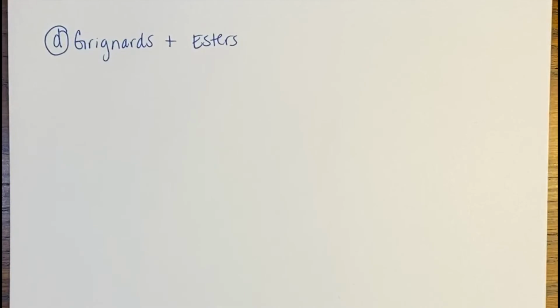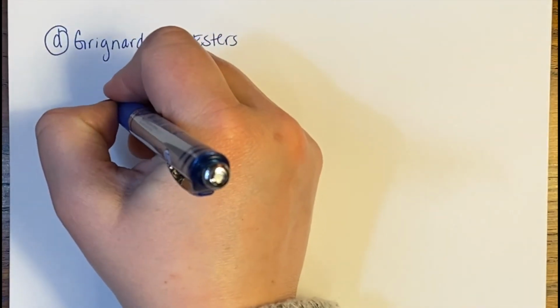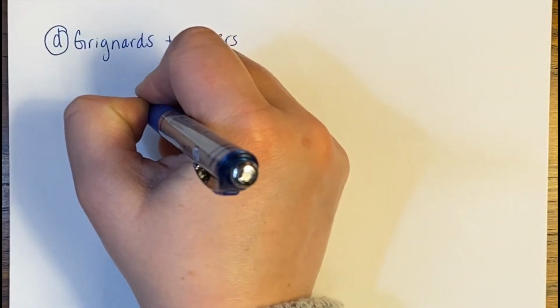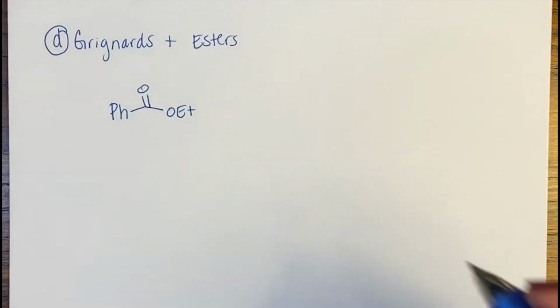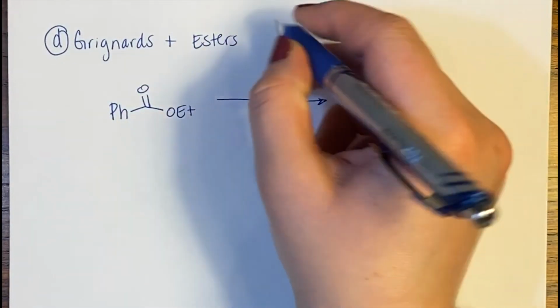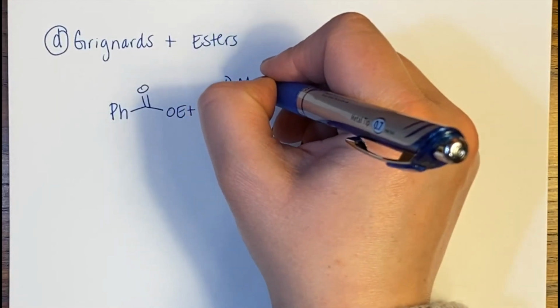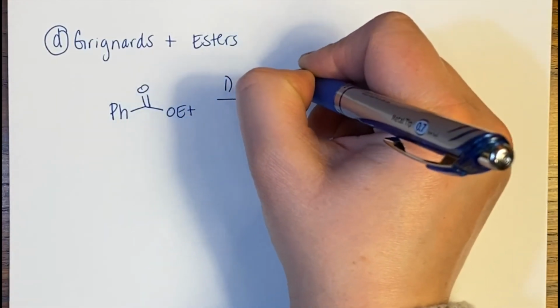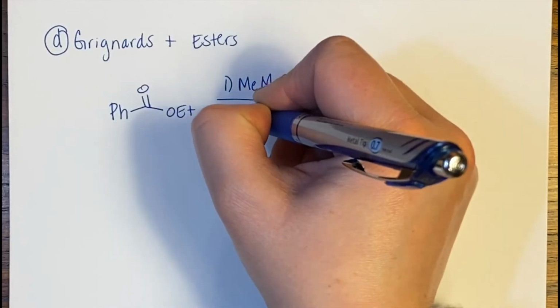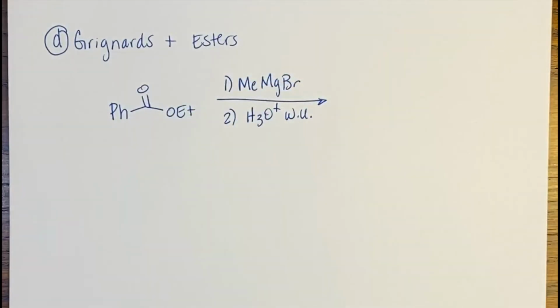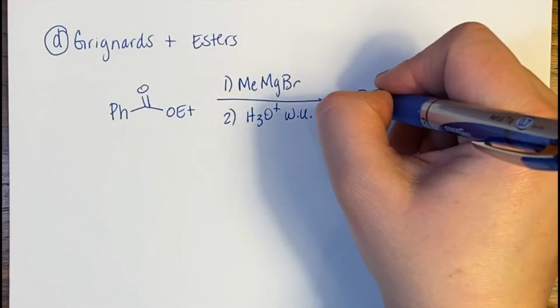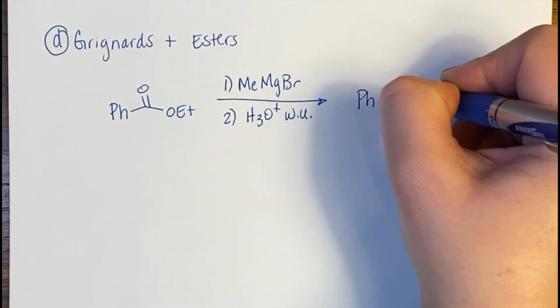Next reaction that I can look at is the reaction of esters with Grignard reagents. And in this case, let's look at the following reaction. If I have this ester undergo a reaction in the presence of methyl magnesium bromide, followed by an acid workup, the product that I get out of this reaction is this one.